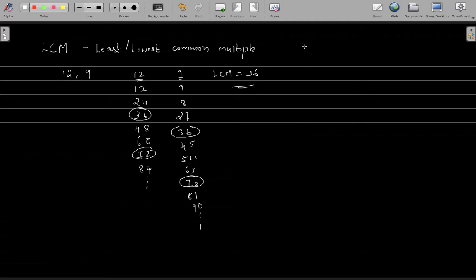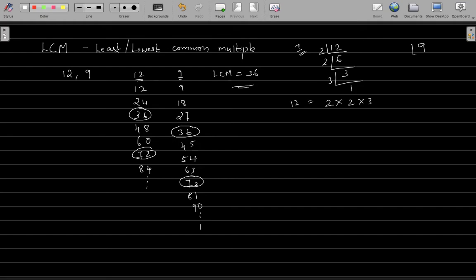Now, the first method in this case is I want to factorize 12 and 9 individually, that is separately. So, if I start factorizing 12, you know that 2 times 6 is 12, this is 2 times 3 is 6, 3 times 1 is 3.